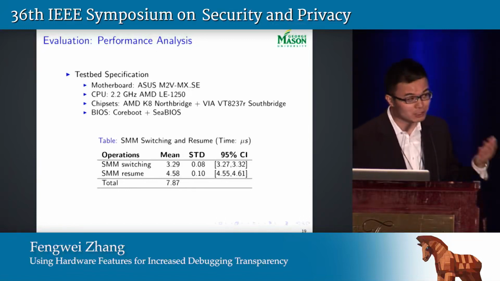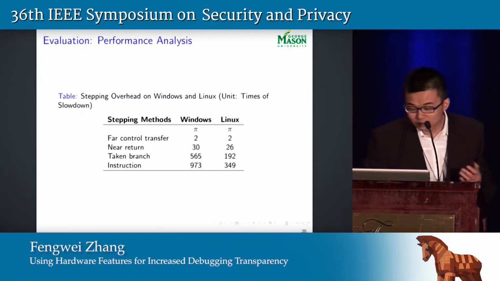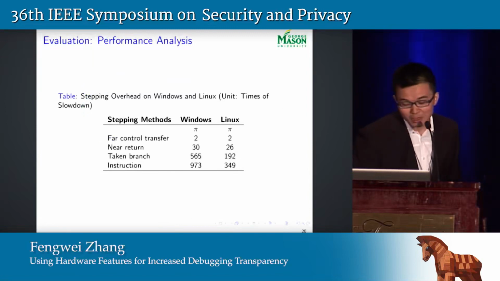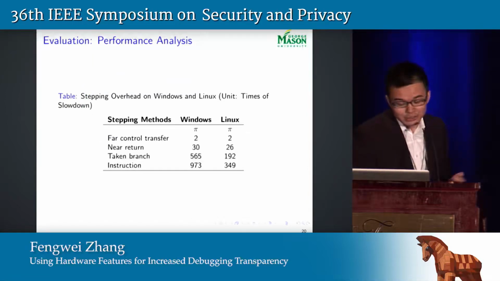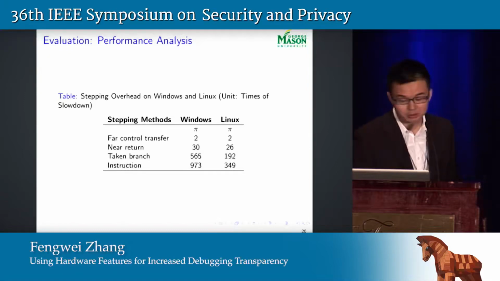Like you mentioned, if you do the single stepping, every instruction needs this time. This table shows the stepping overhead, and we can see that for instruction level, it's about a 970 times slowdown. So the system has a very high performance overhead.